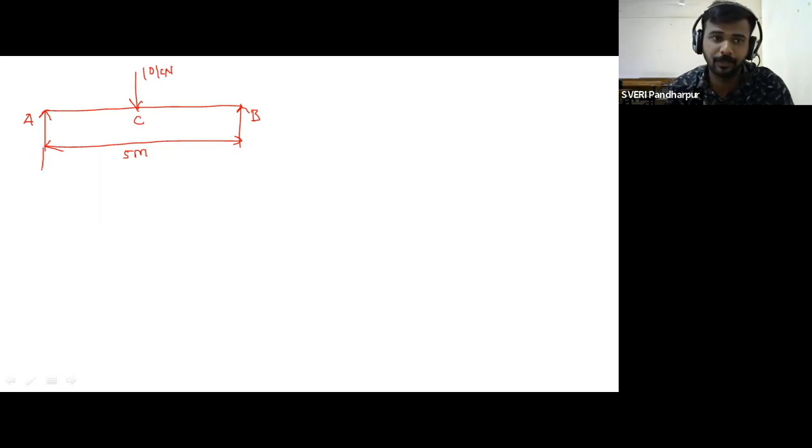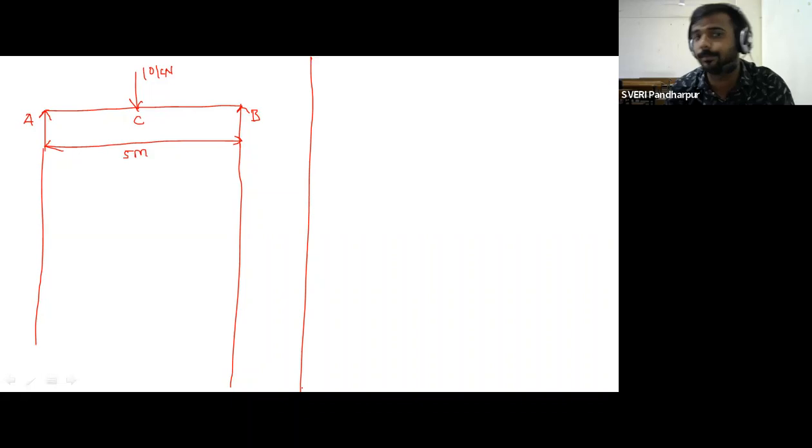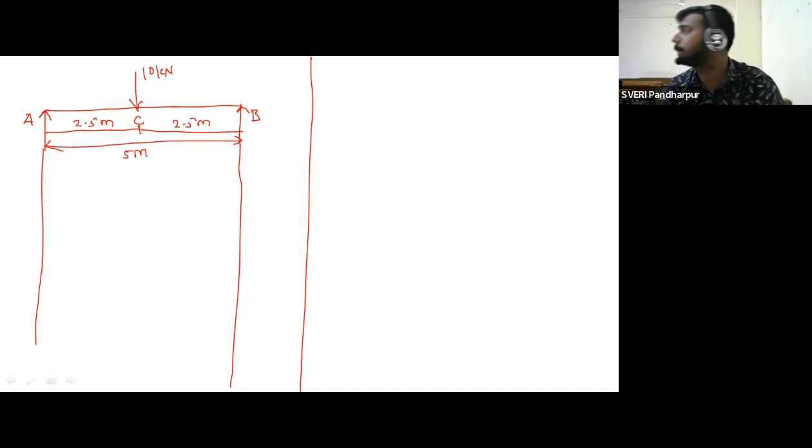Leave some space below the loading diagram to draw the bending moment diagram. So this is the figure. This is 2.5 meter and this is 2.5 meter.